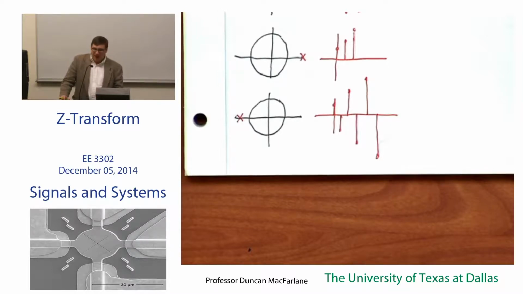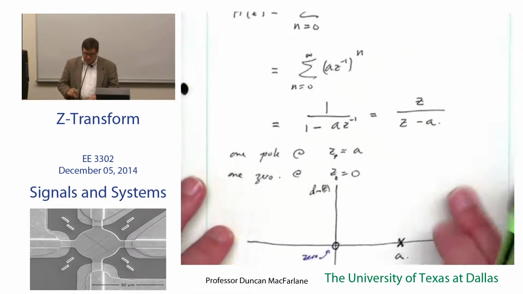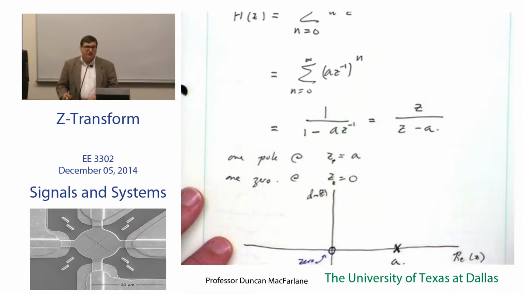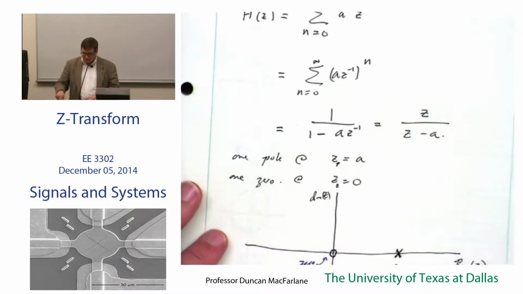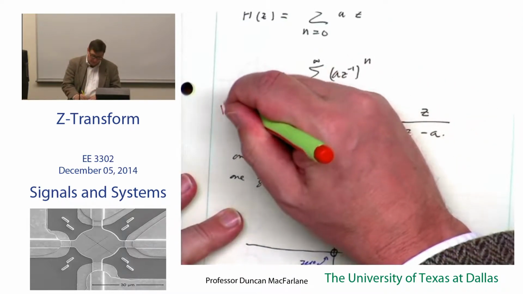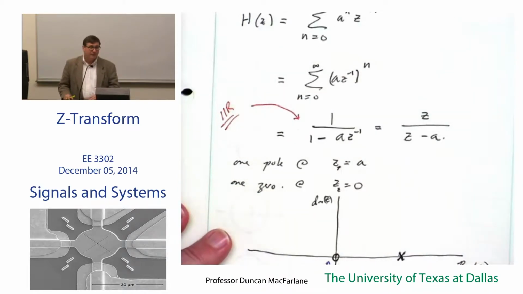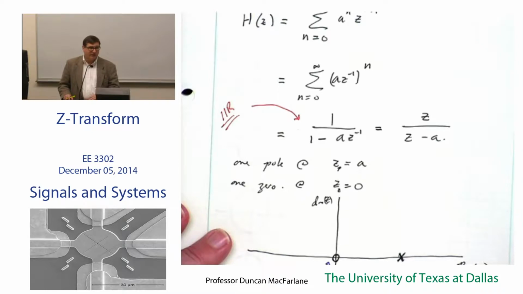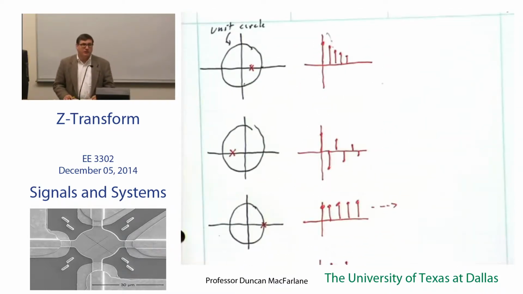And I also want to point out one more thing: you see this form of our transfer function. This is an infinite impulse response. One delta function leads to an infinite number of delta functions, and that's exactly what we see in each one of these cases.